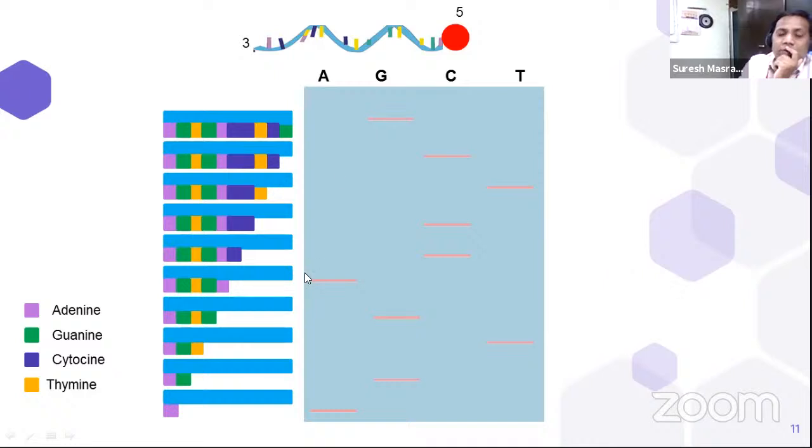In these 4 wells, we pour the content of the first reaction mixture into the first lane, and here we added the dideoxy ATP. Thus, we beforehand know that in this reaction mixture, replication is arrested at the level of adenine.